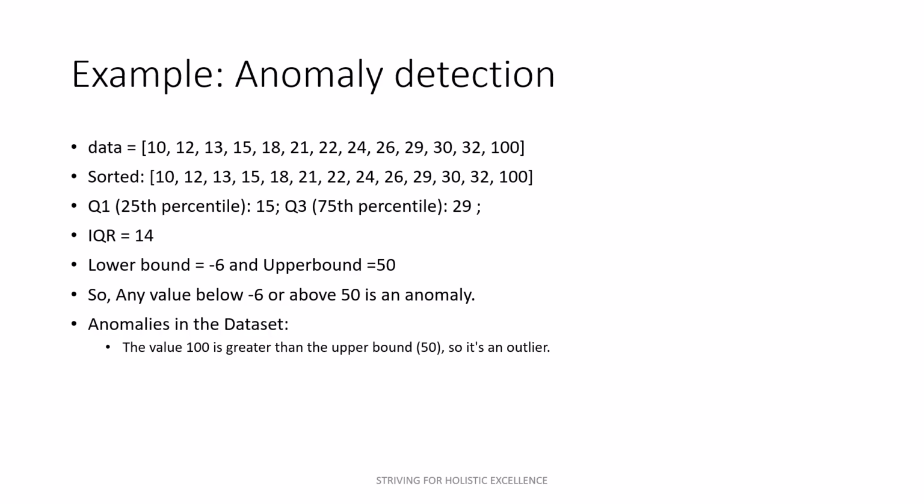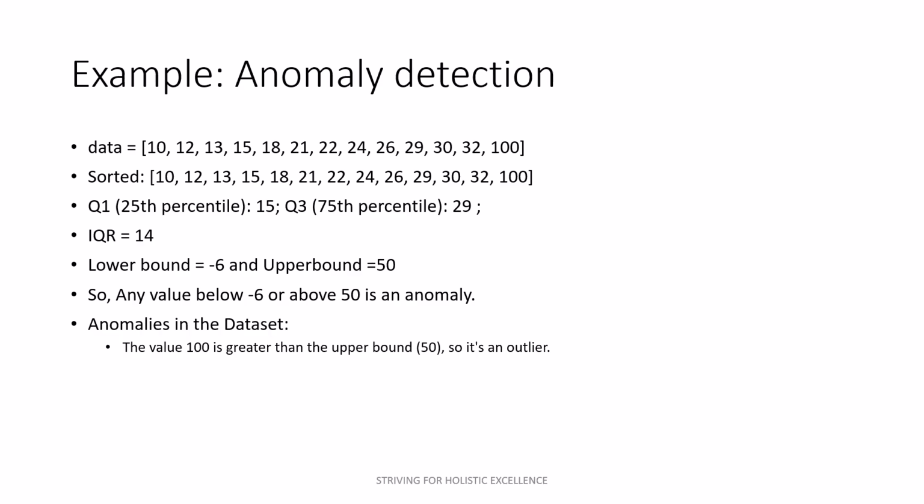Like we did in the previous example, you find the median of the sorted data, and for finding Q1, you find the median of the left part of the data, that goes to the left of the median. If you follow the steps, you will see that Q1 is 15, and the median of the right part of the data, that is Q3, would be 29.